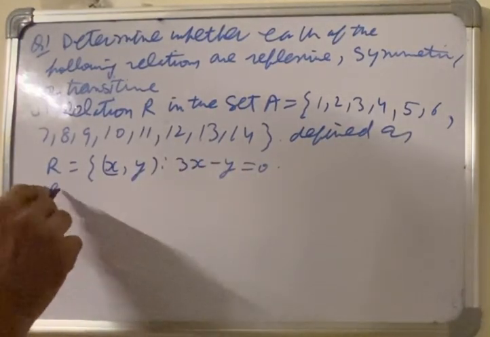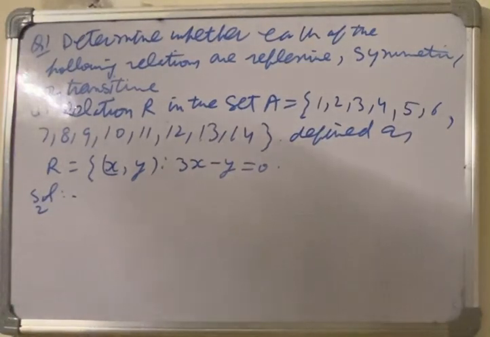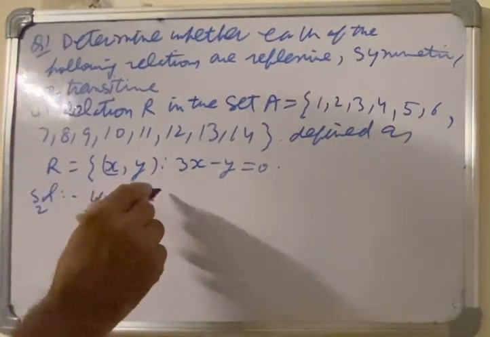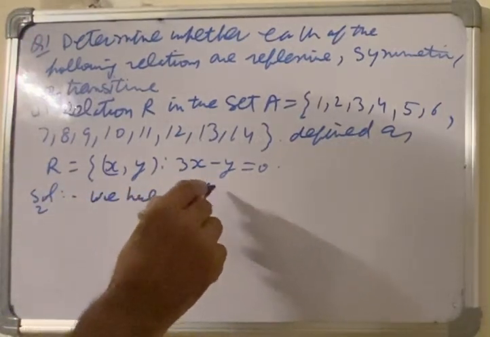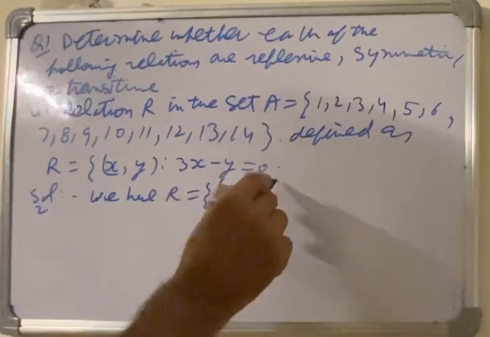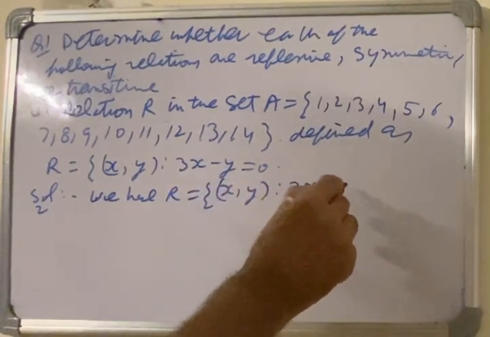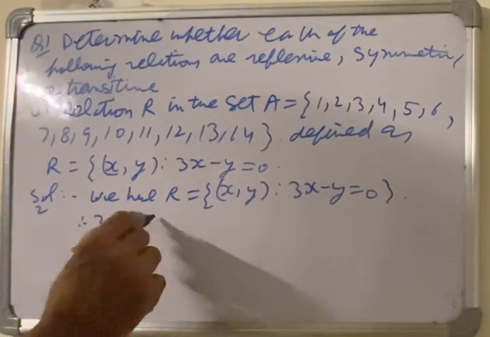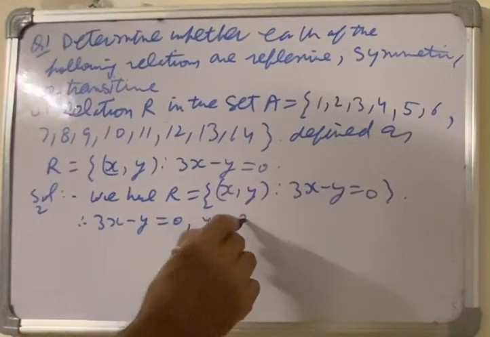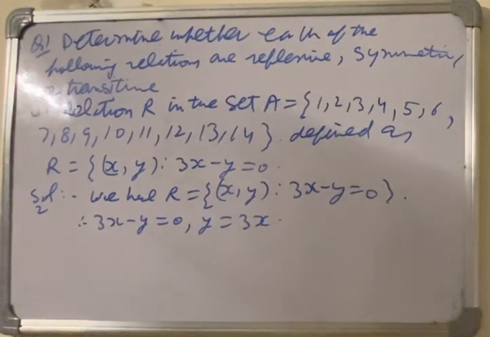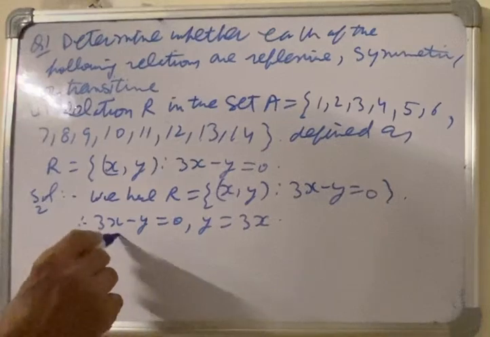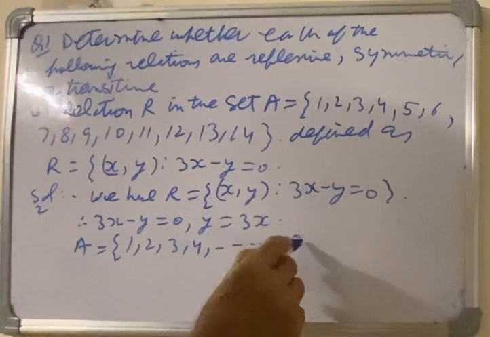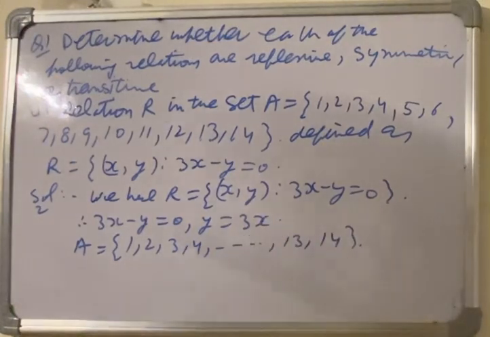Solution: we have R equal to {(x, y) such that 3x minus y is equal to 0}. Therefore, y is equal to 3x. Now, A is 1, 2, 3, 4 up to 14.